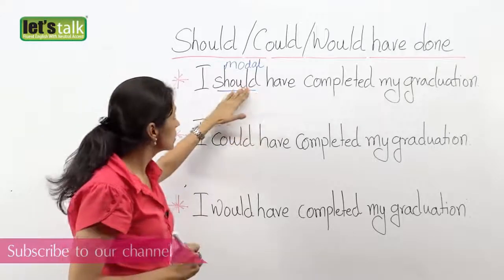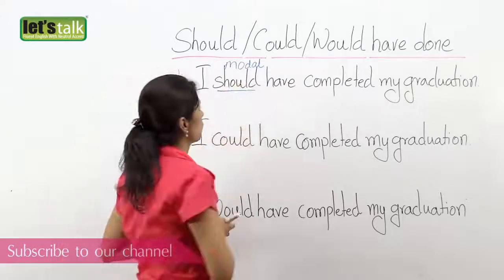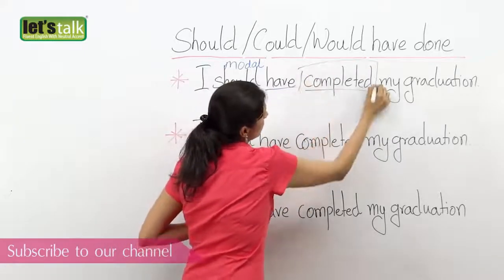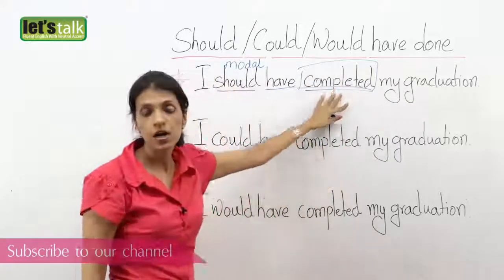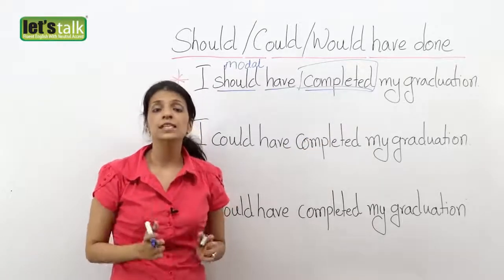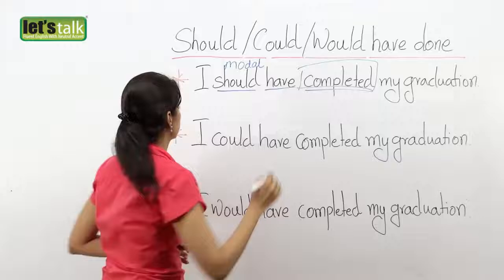Alright? So here we use should with the present perfect tense or with the past participle verb when you want to say you should have done something or something that was correct in the past.